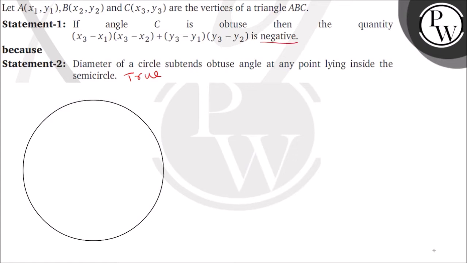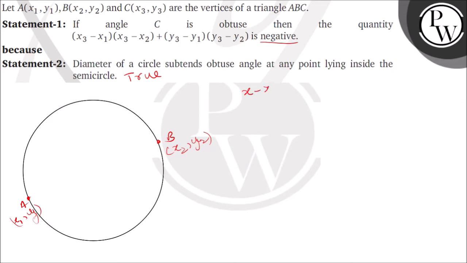Now in this case what we'll do, we'll take AB as the diameter. So let this point be A and this point be B. And this point is given by (x1, y1). And this point is given by (x2, y2). So what is the formula for the diametric form of a circle?